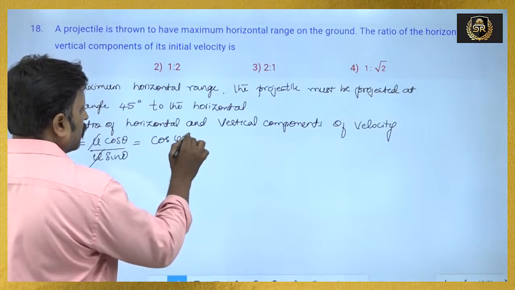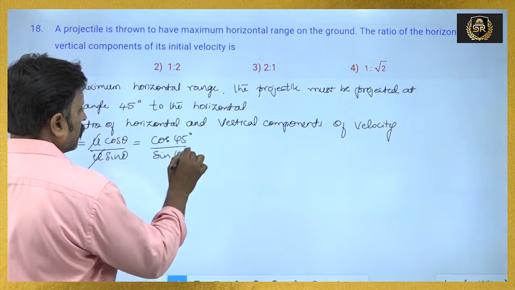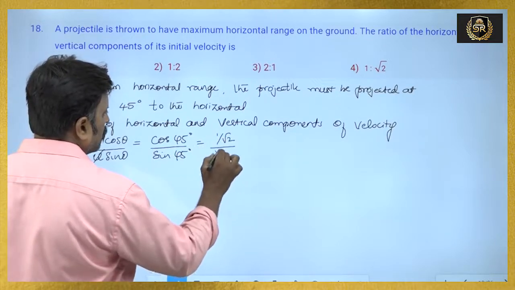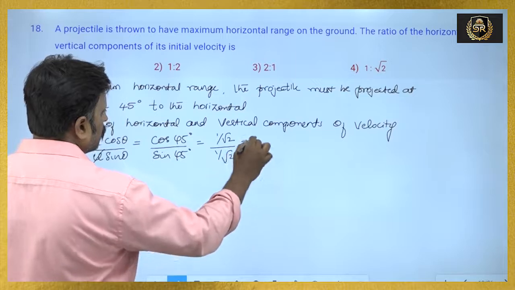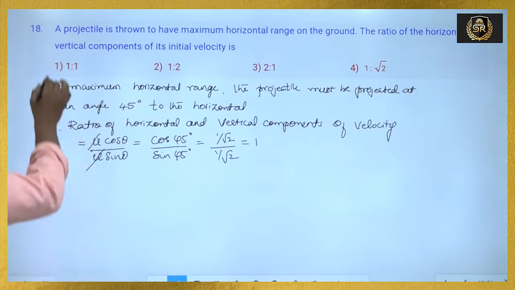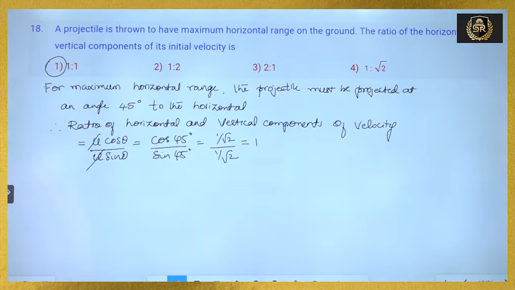So cos 45 by sin 45. Cos 45 is 1 by root 2. Sin 45 is also 1 by root 2. Therefore, the ratio is 1:1. So what is the correct option? First one is the correct option.